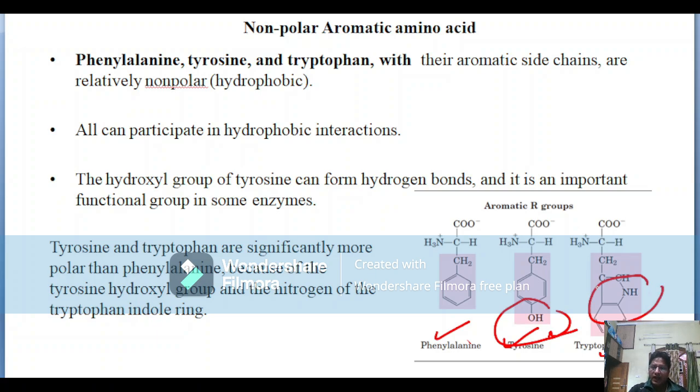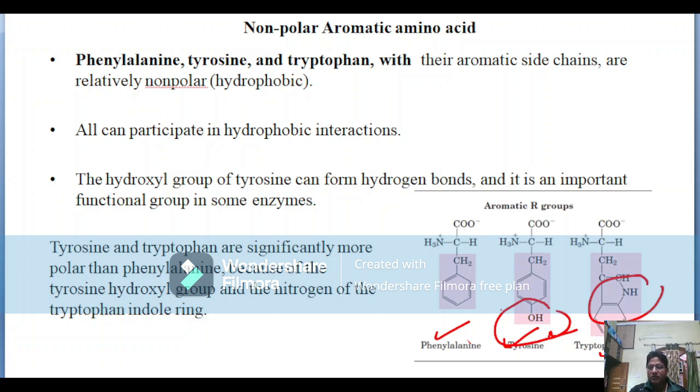So we can say that tyrosine and tryptophan are significantly more polar in comparison to phenylalanine, due to the hydroxyl group and the nitrogen of the tryptophan indole ring.